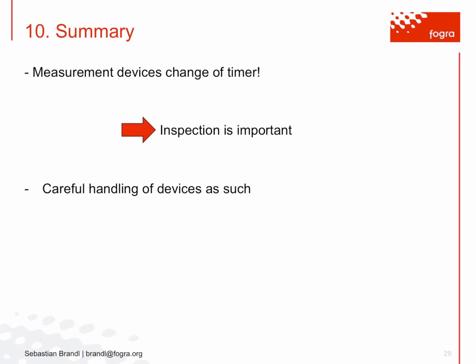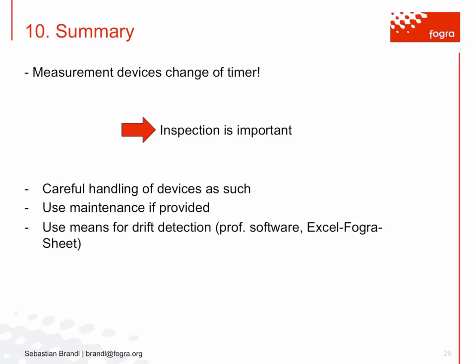So let's sum it up. Measurement devices change over time. That's a very basic finding, but very important, and that's why we think that inspection of your measurement devices is very important. Handle it with care, but also see what might be potential differences over time.